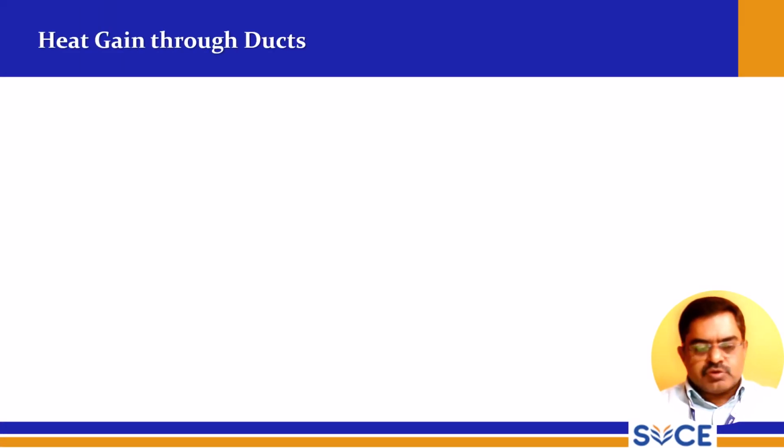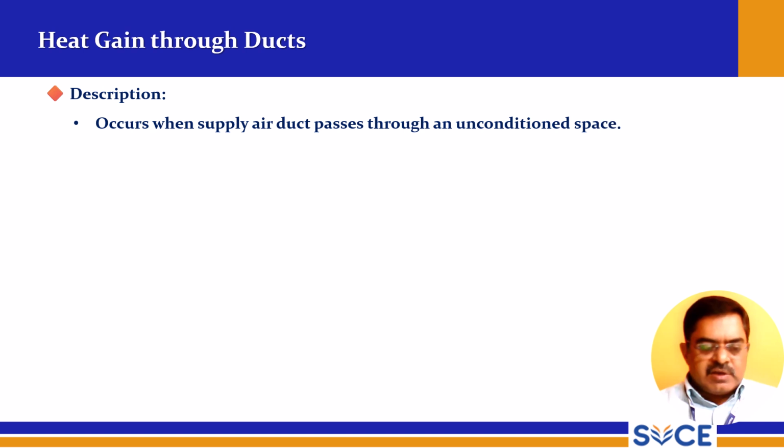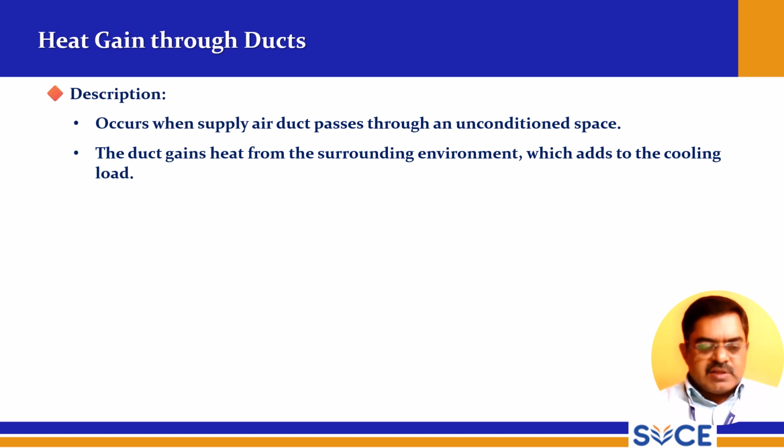So heat gain through ducts. Ducts carry the air conditioned air to different parts of the building, and heat gain occurs when the supply air duct passes through an unconditioned space. The duct gains heat from the surrounding environment, which adds to the cooling load.